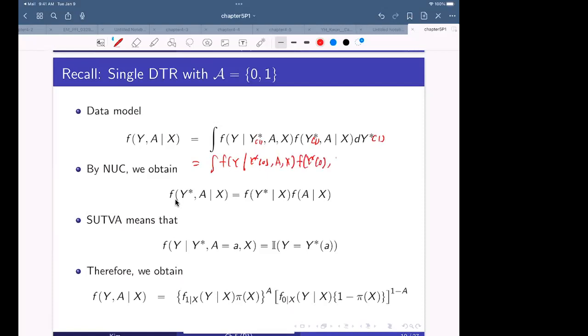So we can integrate out over y star 1 or y star 0 either way, right? But what matters depends on what you observe, so what you have given in A. But anyway, first of all, you get this one, right?